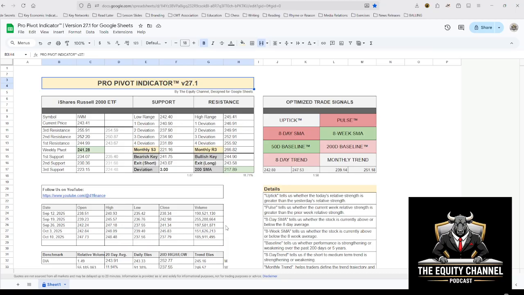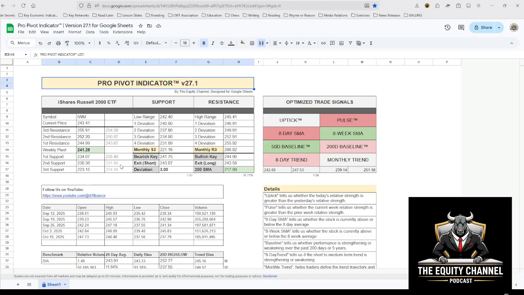So as far as the pro pivot indicator is concerned, I think the first thing that anybody should know about it, before they really dive deep into just staring at levels and so on and so forth, is you want to just kind of understand what it's all about.